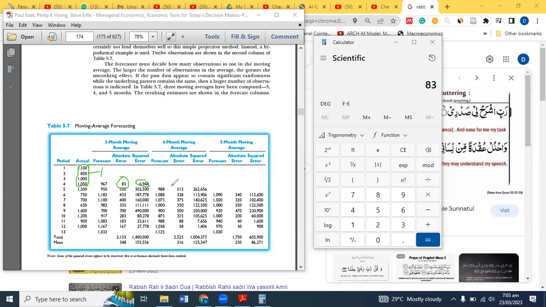On the other hand, if you are going to calculate with the 5-month moving average, you need to take 5 values from here. These 5 values should be divided by 5.